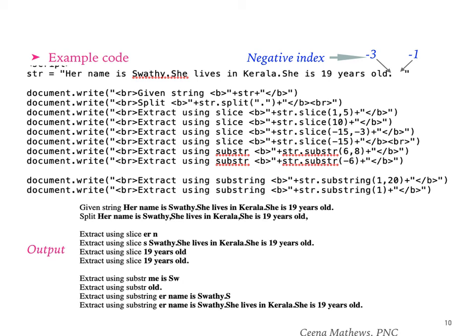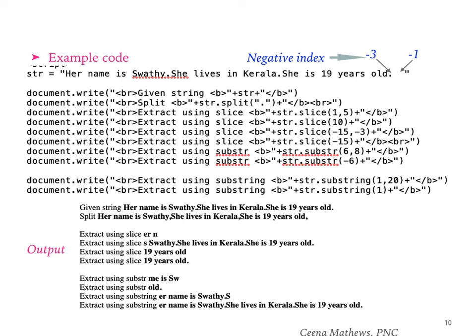And next is slice, where the starting position given is 1 and the end position given is 5. The end position is not included, so it will extract the substring from characters at 1, 2, 3 and 4.